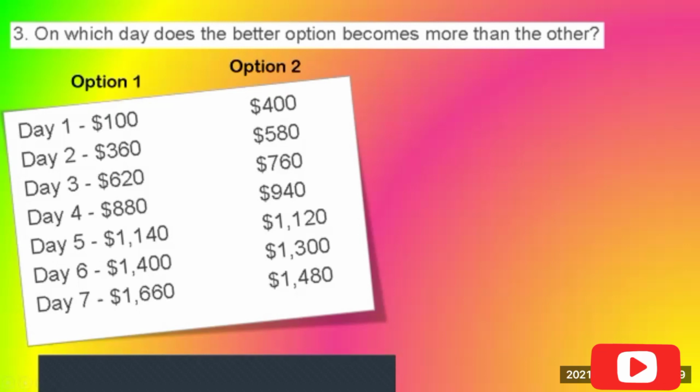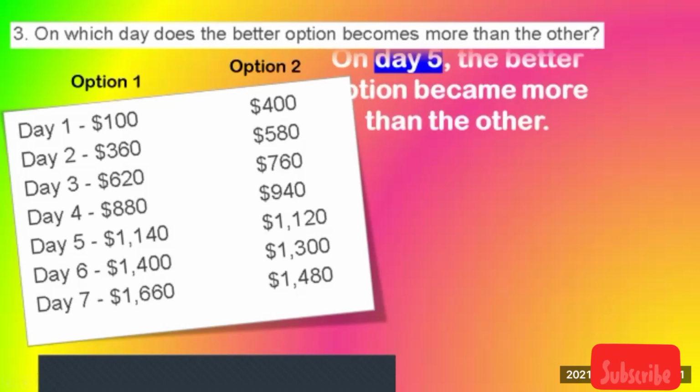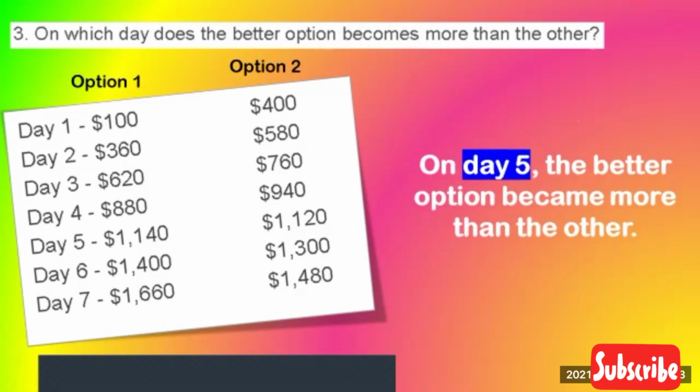Day 3, it's smaller than option 2. Day 4, it's smaller than option 2. But on day 5, you realize that the total amount is now greater than that of option 2. So our answer would be that on day 5, the better option, and remember, option 1 is our better option, became more than the other. Go ahead again and make your corrections.